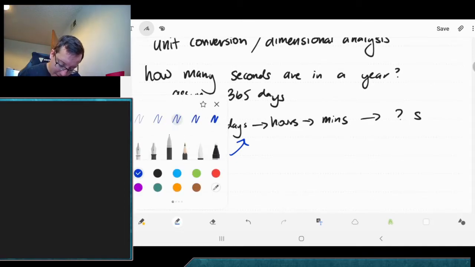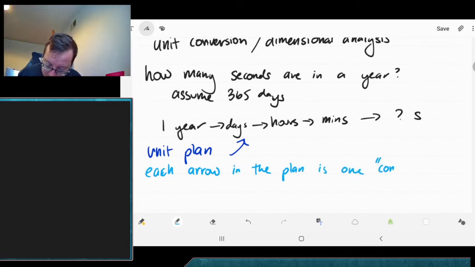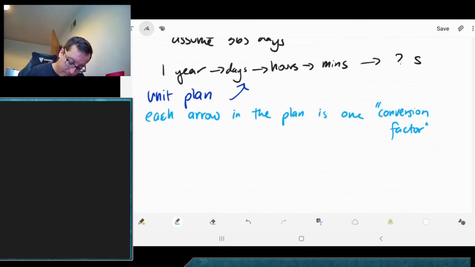Each arrow in the plan is one conversion factor. So we should define what a conversion factor is.